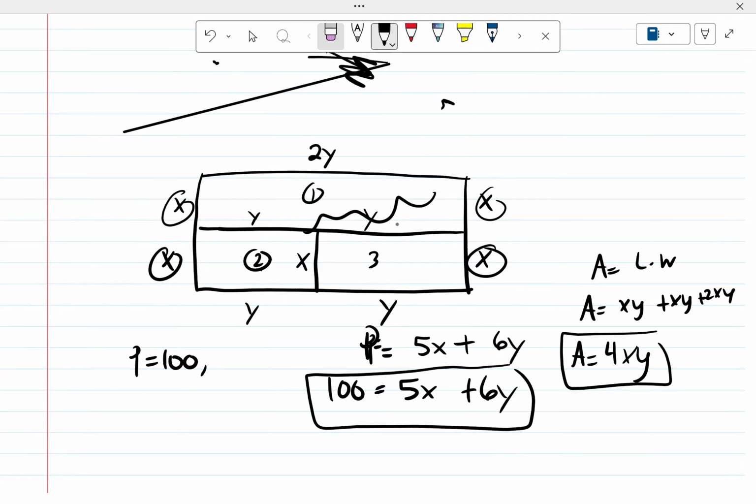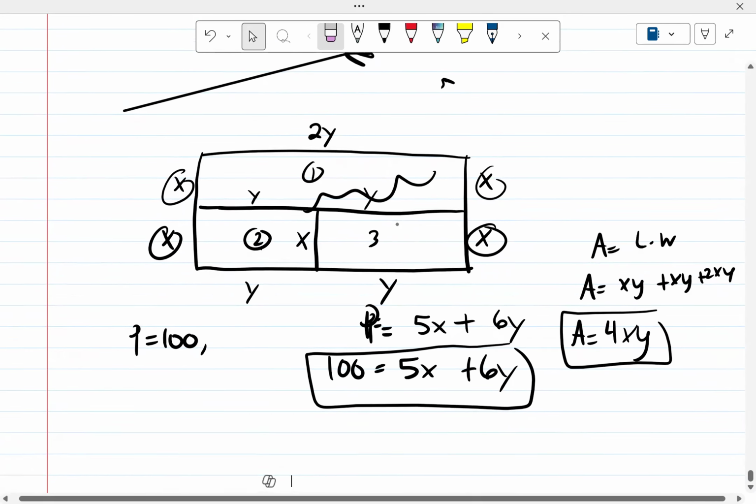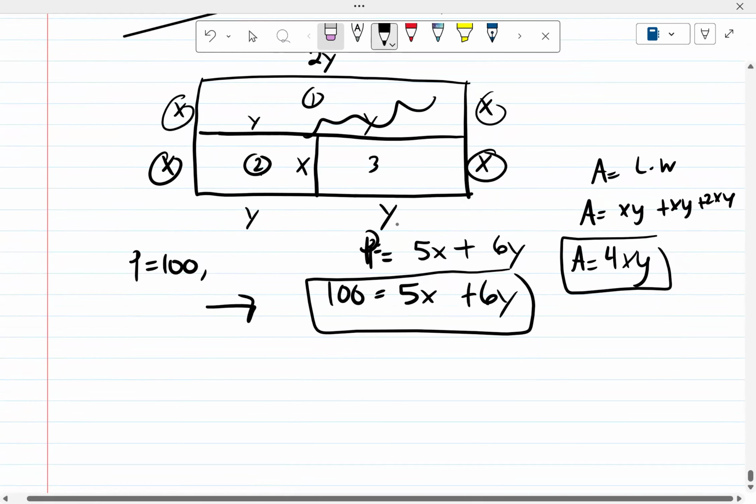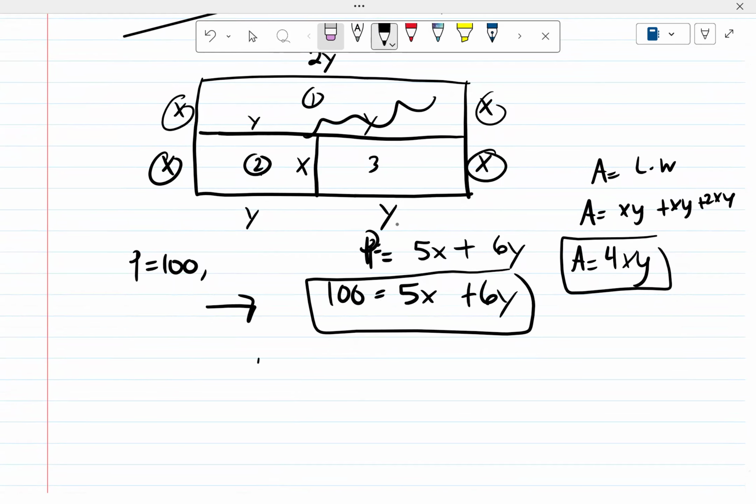So with the area formula, I've got to find x and y. What I'm going to do is use this perimeter equation and solve for x. So when I do that, it's going to be 100 minus 6y equals 5x. And then you divide this by 5. x equals 20 minus 6/5 y.